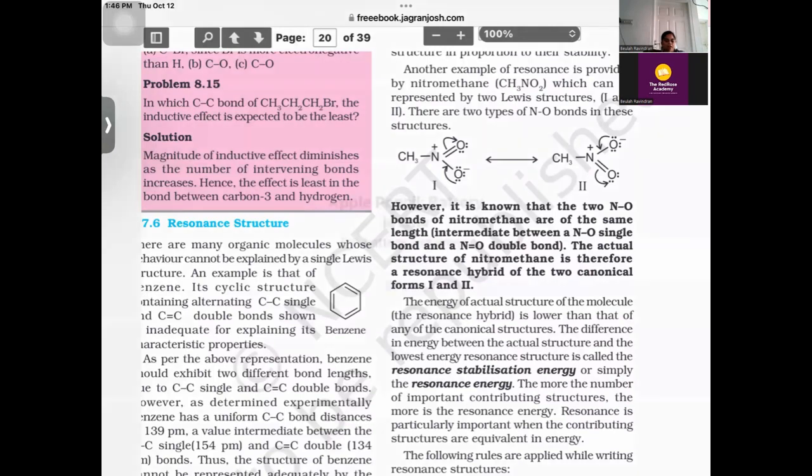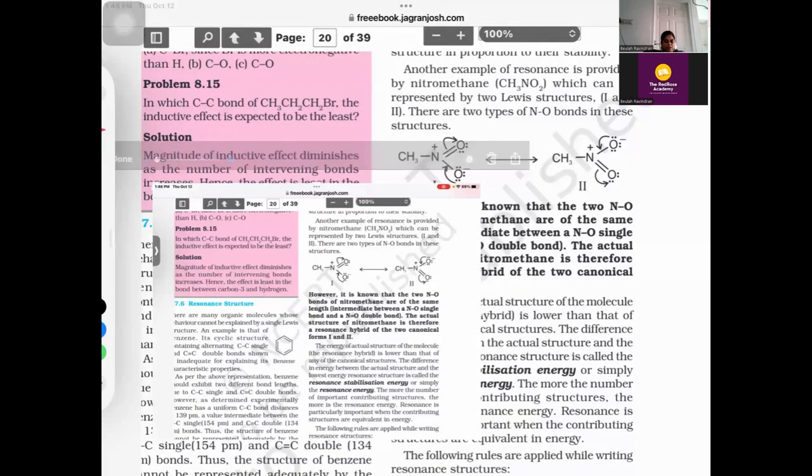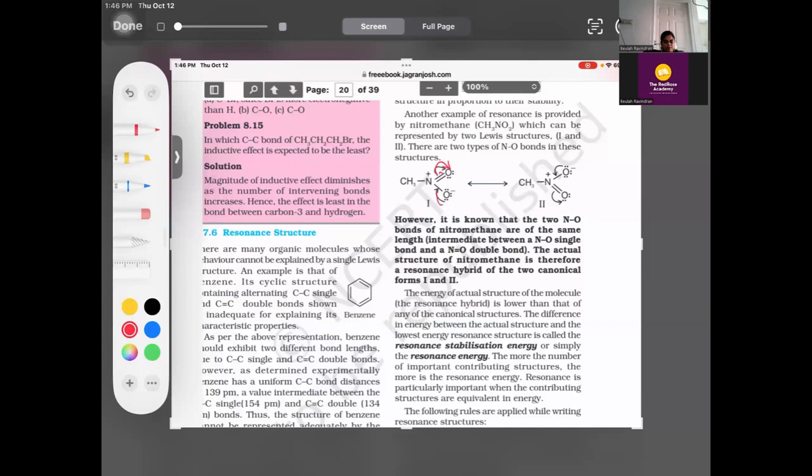But you should understand that the first structure and the second structure, these two, are canonical structures. See the shift of the double bond. The double bond may be on the upper side or the lower side, right? There are two oxygens in that.